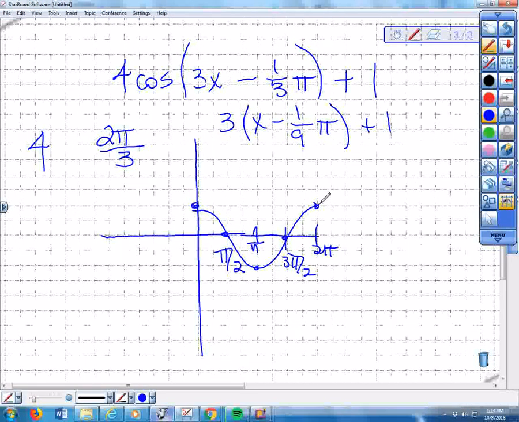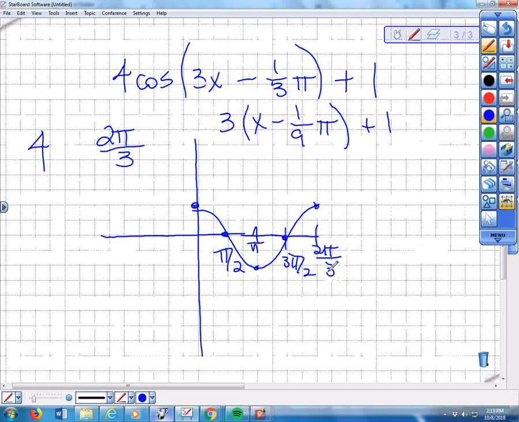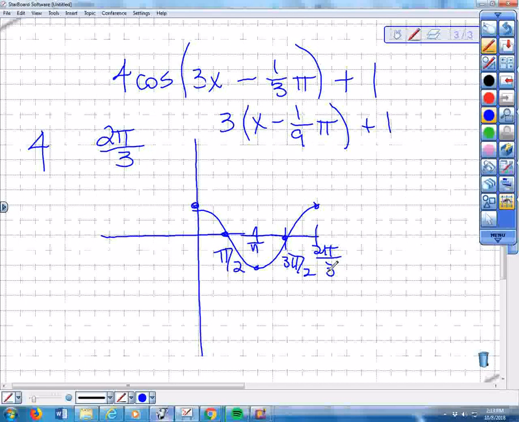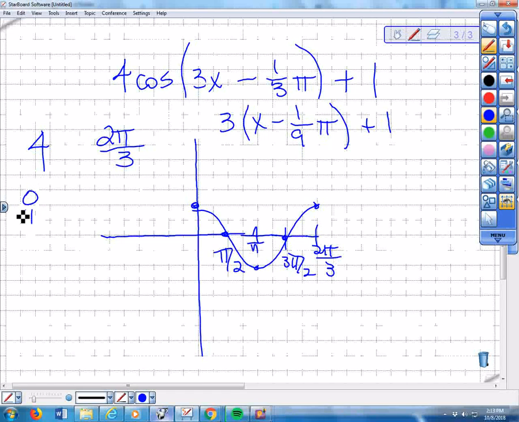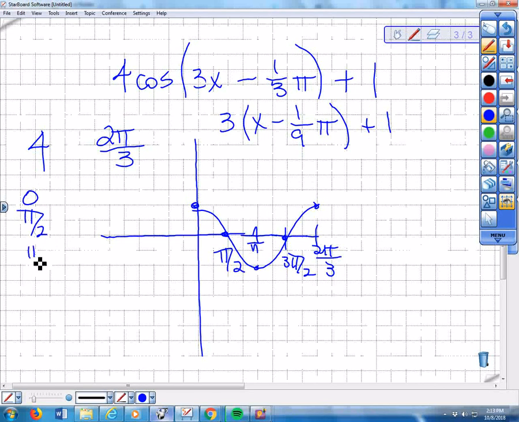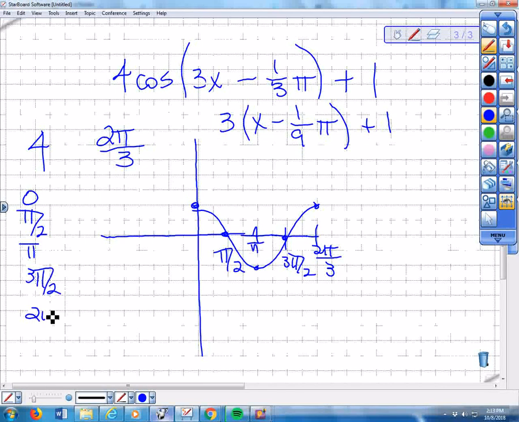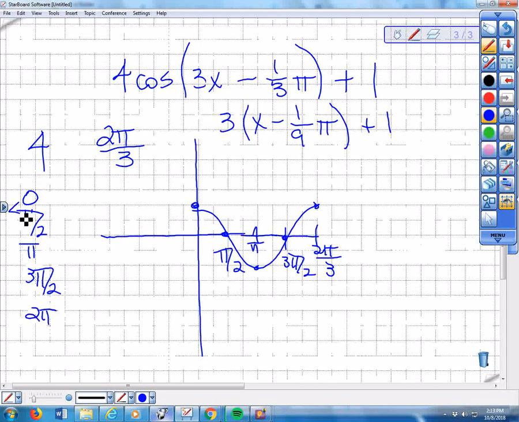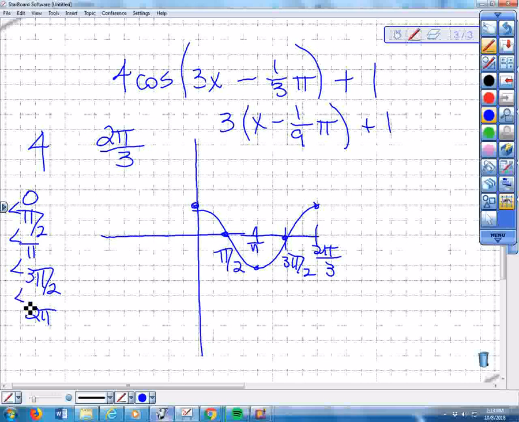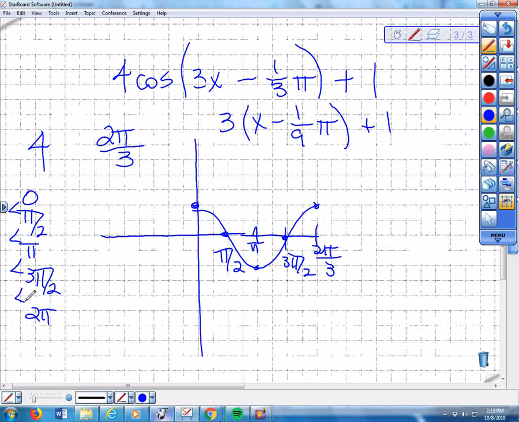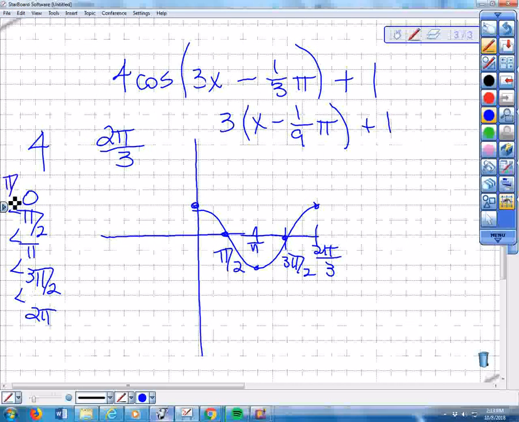But now, instead of 2 pi, this needs to be 2 pi over 3. This is one way to look at how to find those critical points. In the normal graph, what's the difference between each one of these? Pi over 2, right? And it's constant. It's pi over 2 every time.